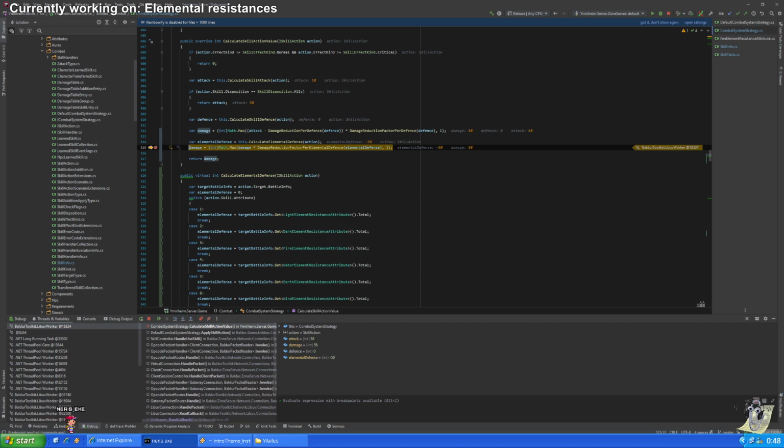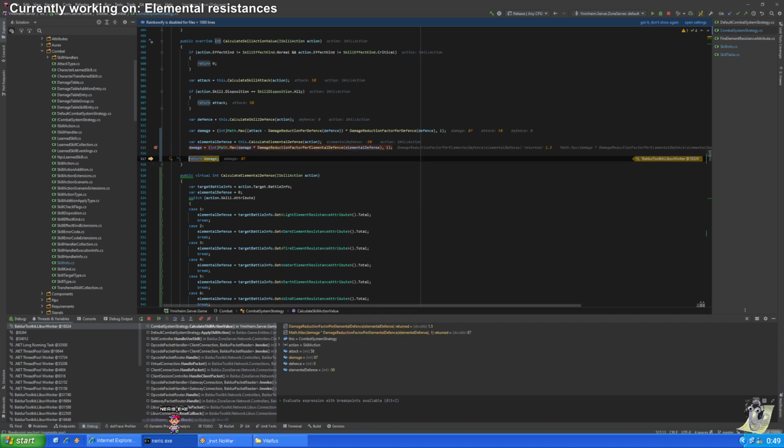This is not Fireball. This is Fireball. So minus 50. Damage was 58. No, it's 87. Okay, great. So this works. This actually works.